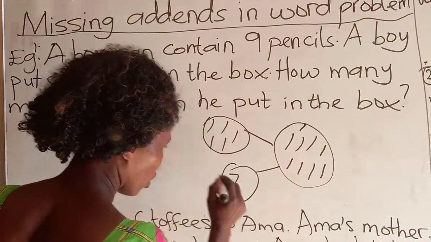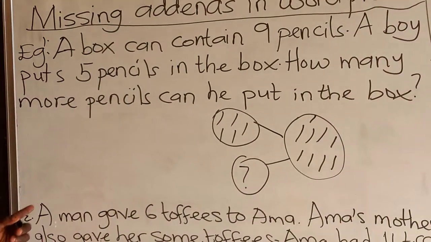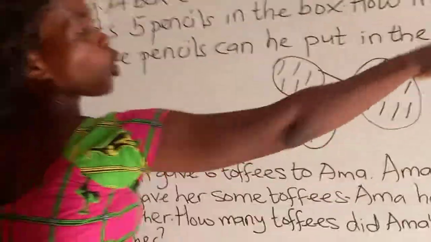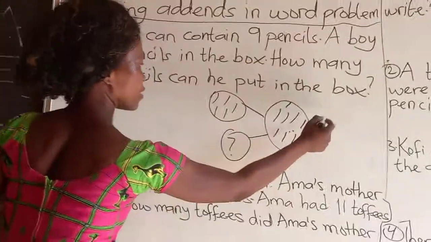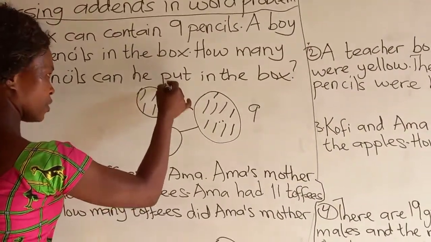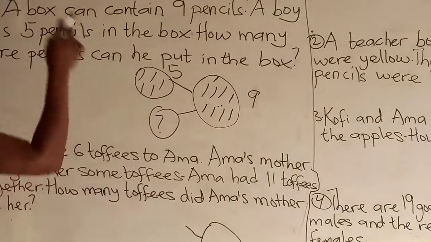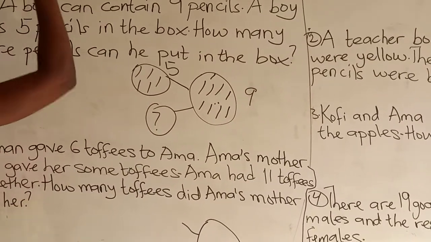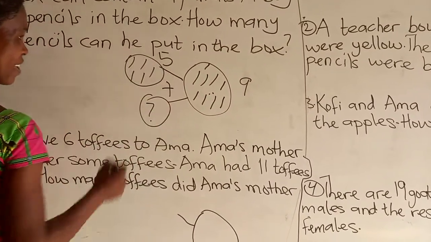So this side, we don't know. And this is how it should be. The total number is given, which is 9. And one addend is given, which is the 5. Don't forget, we are still on our addition. So your plus sign is here.